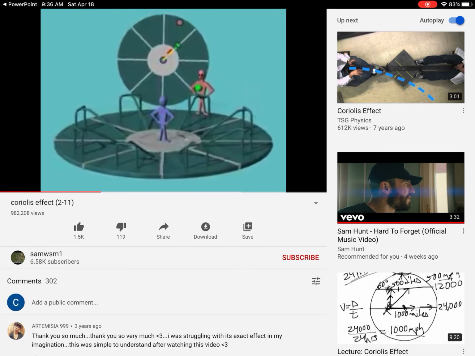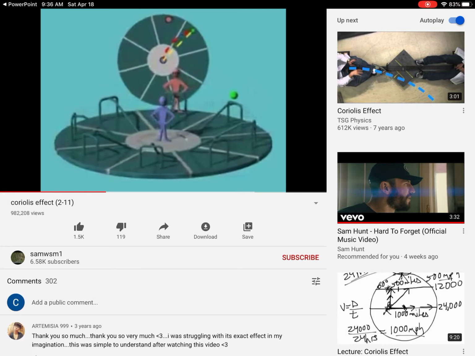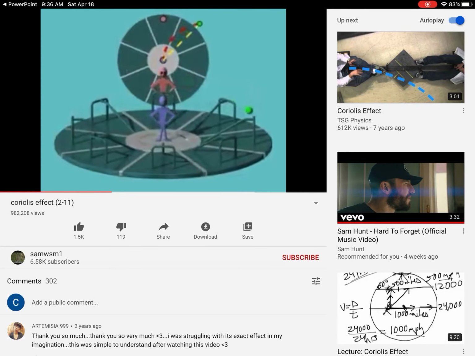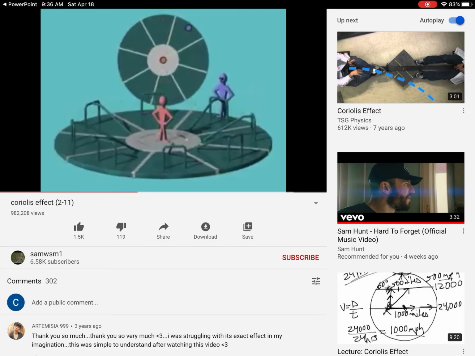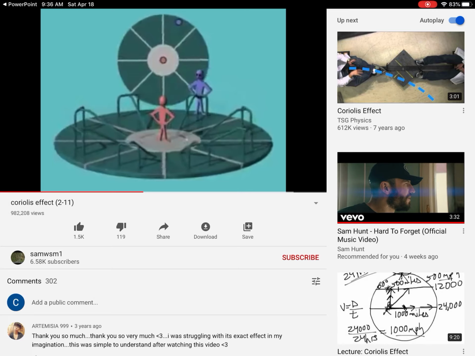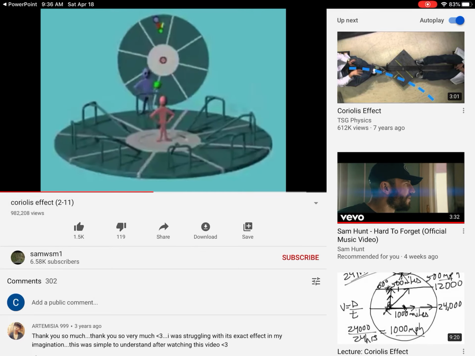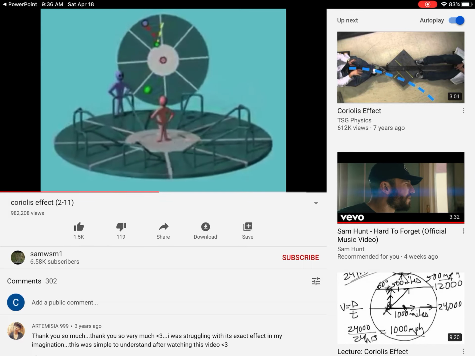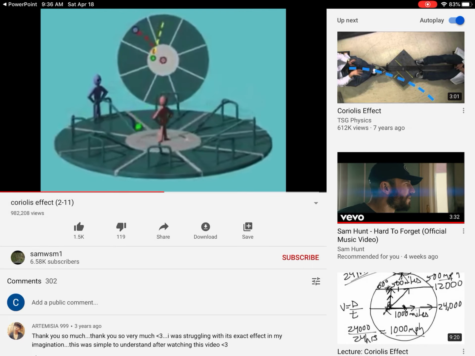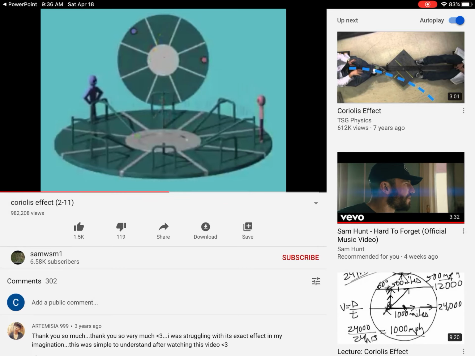From the vantage point of the catcher, the ball appears to curve away. The direction of apparent motion is to the right when following the path of the ball. Now the ball is thrown the other way. Because the thrower is moving, the ball has a velocity component to the right. The motion of the ball appears deflected to the right, and the ball misses the catcher again. Let's look at a throw across the merry-go-round. Both people move with the merry-go-round.